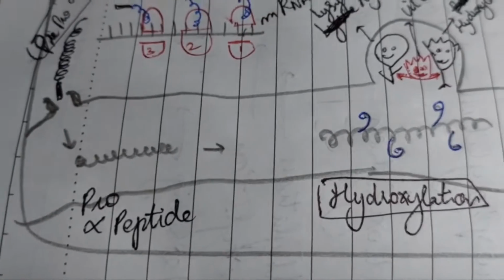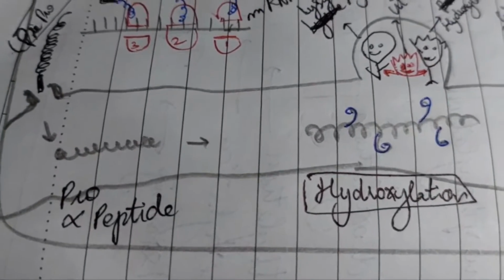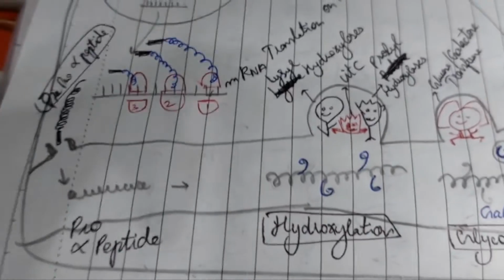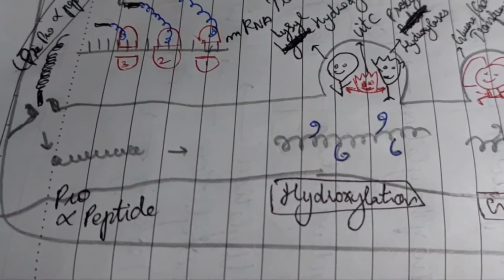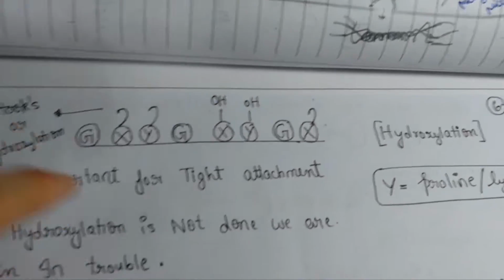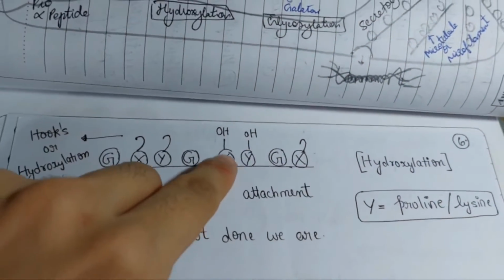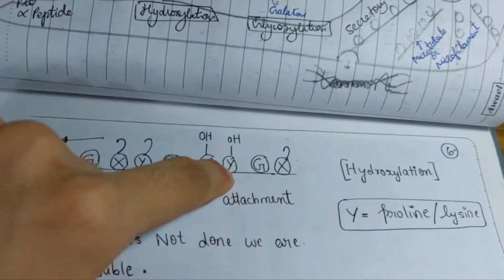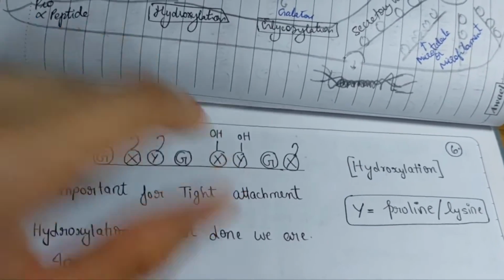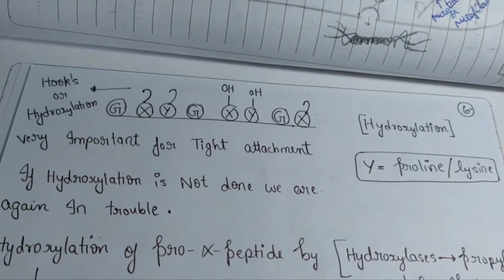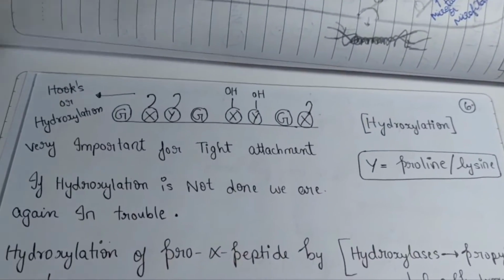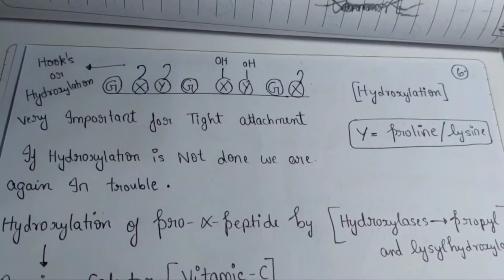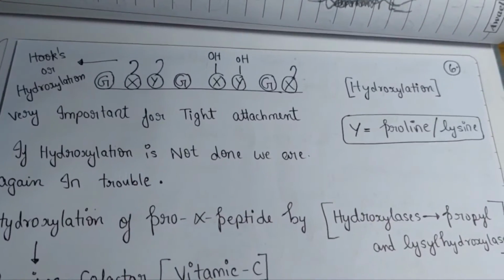Now we come to the second important process of formation of collagen, that is hydroxylation. Hydroxylation is basically the attachment of a hydroxyl group to either proline or lysine present at the Y position, and these hooks are very important for further tight attachment. So it is very important for strengthening of the collagen molecule.